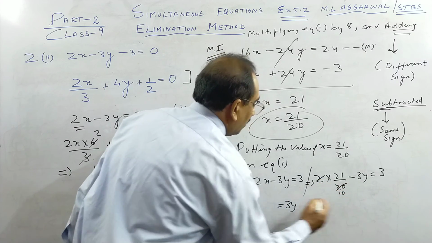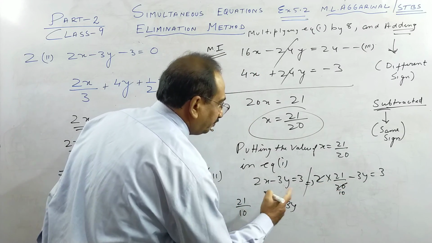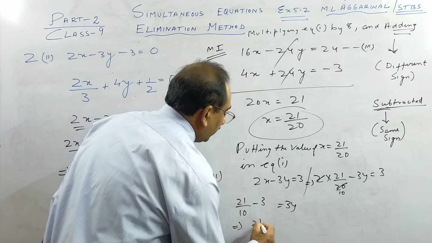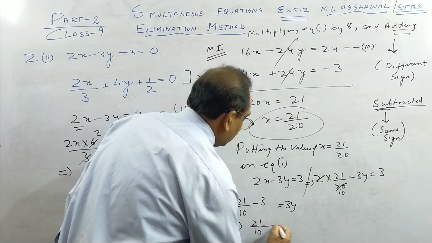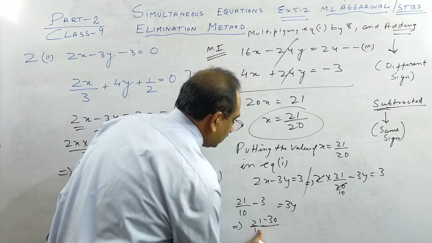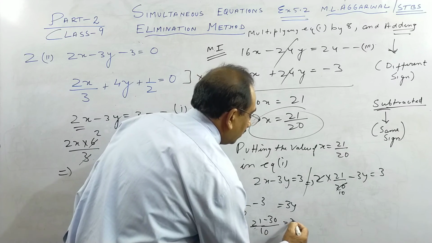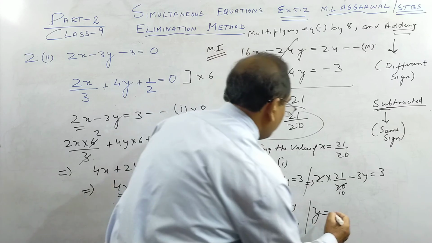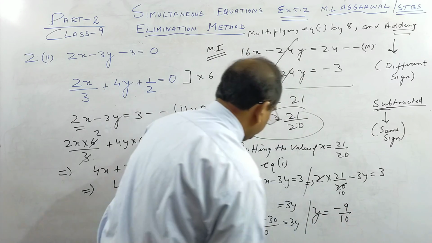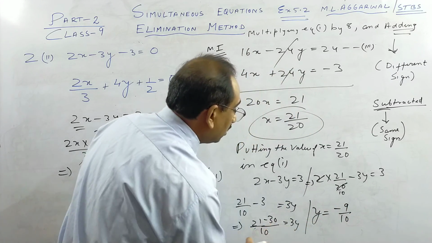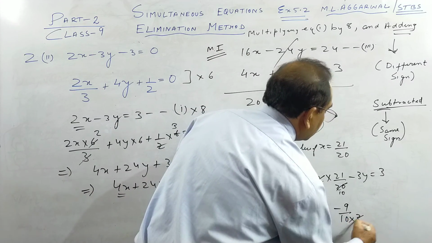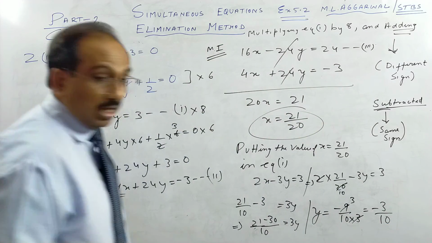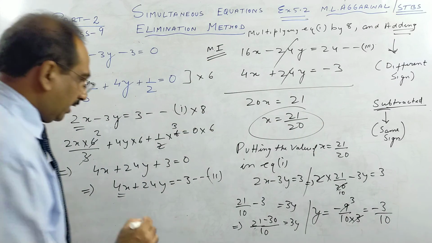I've got 21 by 10 minus 3. If you take the LCM, it will become minus 9 by 10 is equal to 3y. 3 goes down, so the 3s cancel. So I get y as minus 3 by 10.